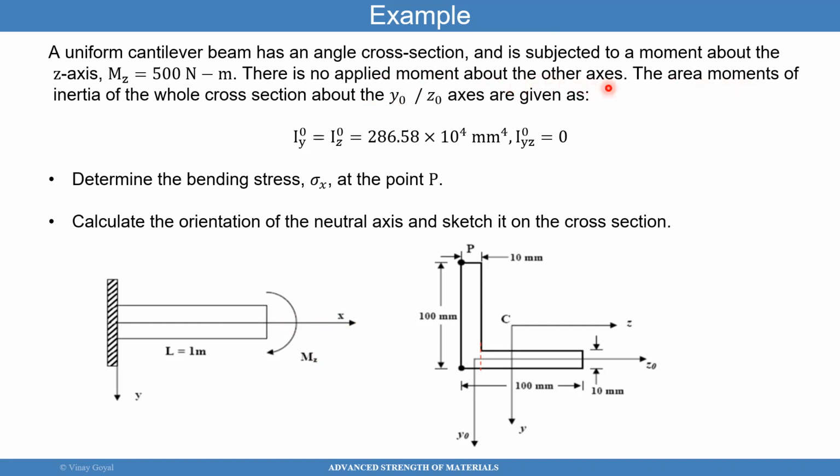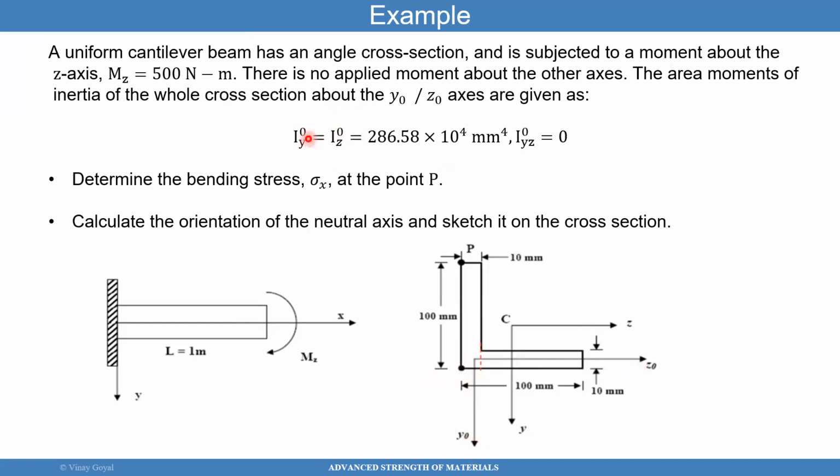The area moment of inertia of the whole cross section is given to you. So you're given the moment of inertia, and it is given relative to the y0 and z0 coordinates given here.